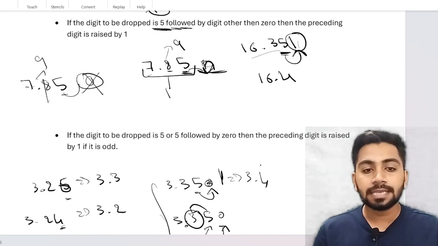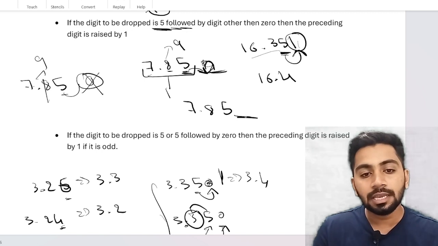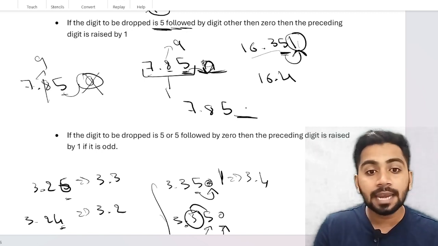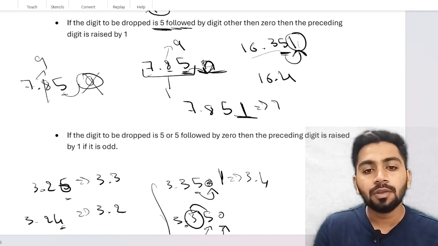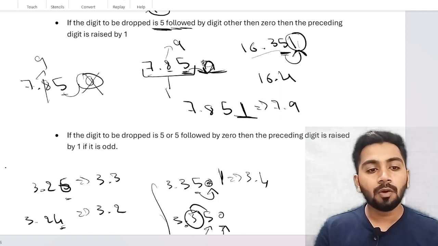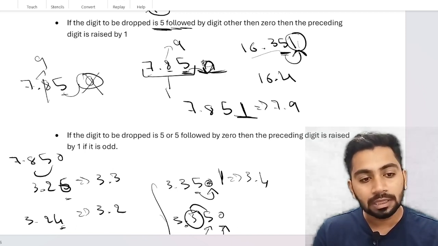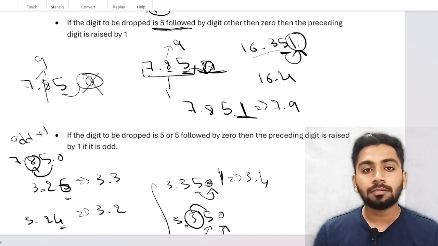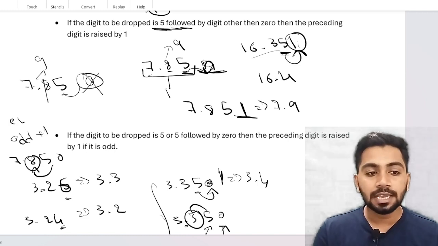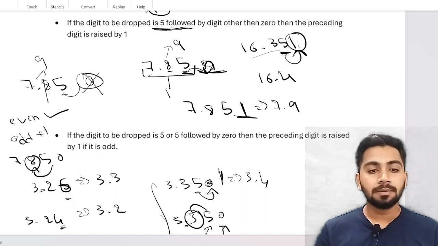Third case, if the number is exactly 5, that time you will see the number next to 5. If it is greater than 0, let's say 1 or 2, anything which is not 0, at this time you will raise. Now, the last case, if the number is exactly 0 after 5, at this time you will see one number beside 5. If it is odd, you will add 1. If it is even, it will remain same. Simple case.